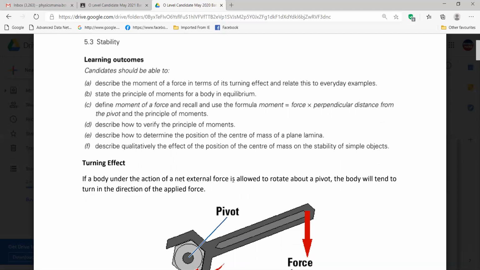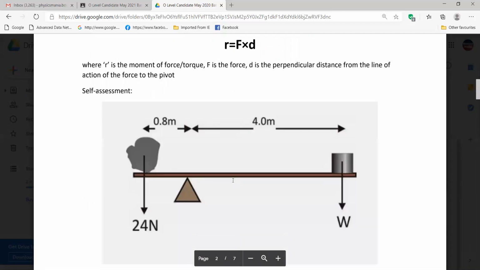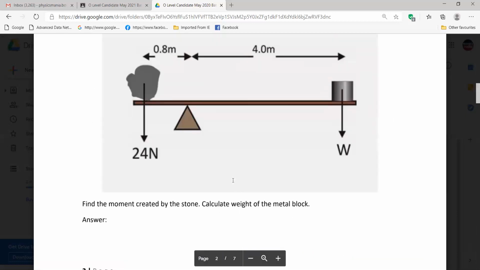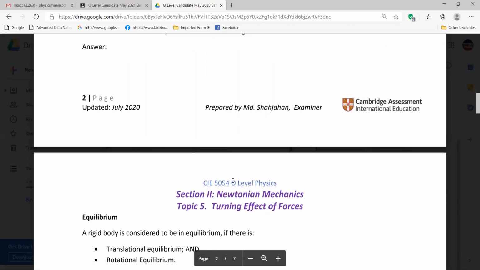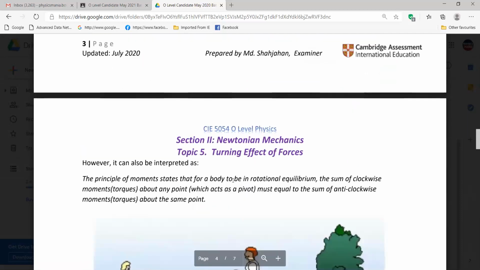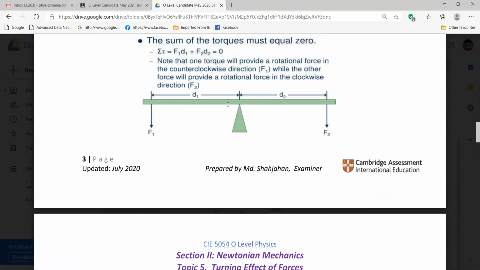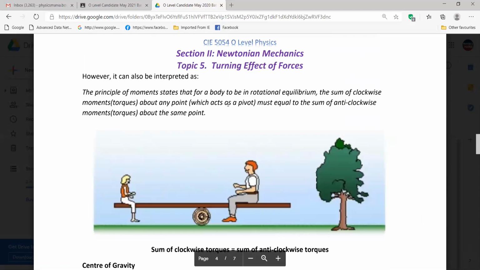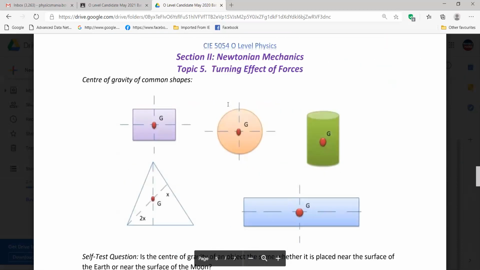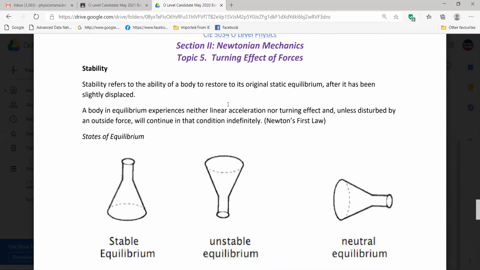We gave an example. Here we got the principle of moments: clockwise and anti-clockwise moments are equal. Also here we got the principle of moments: clockwise and anti-clockwise moments are equal. So all these are done, right? You are clear about them. Yes, sir.